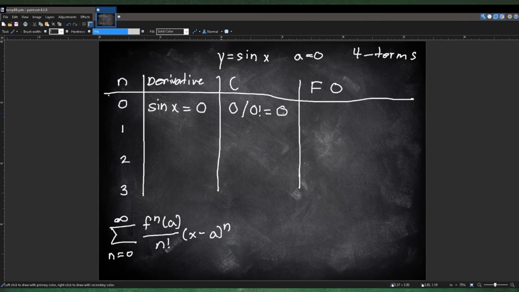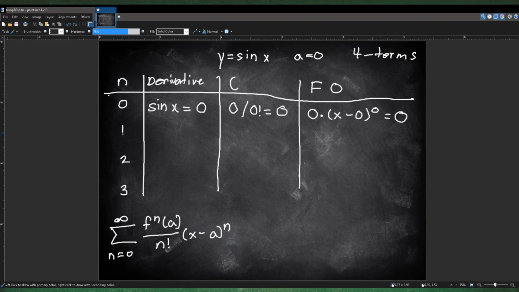Then we take that 0 times (x minus a) to the power of n. Our x we just keep, our a is 0, and n is 0. So just follow the equation: anything to the power of 0 is just 1, so 0 times 1 is just 0. So the first of our first 4 terms is 0.